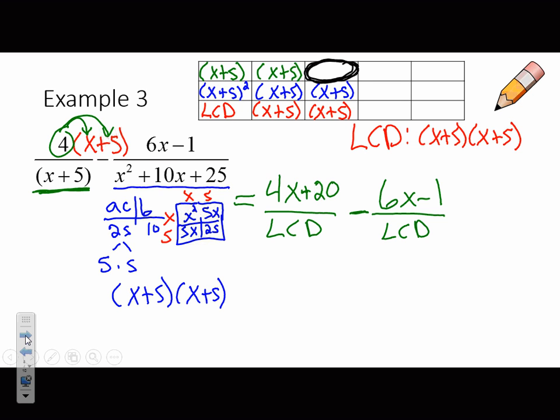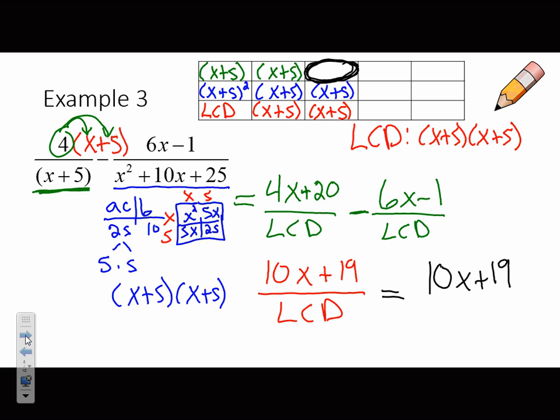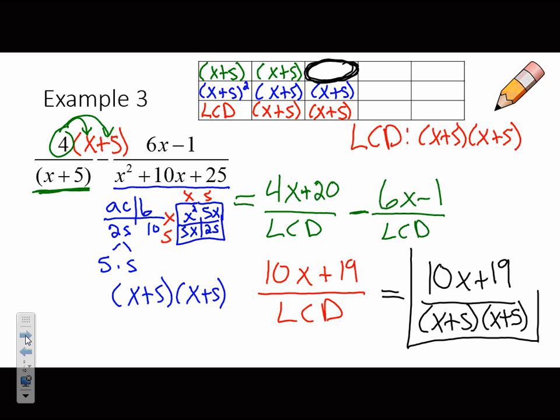Combine like terms here, so I'm going to get 10x plus 19 all over my least common denominator. Once I get here, I can't simplify my numerator, so I'm just going to rewrite it as 10x plus 19 all over my least common denominator, which was x plus 5 and x plus 5. Once I get here, I can leave my answer as is.